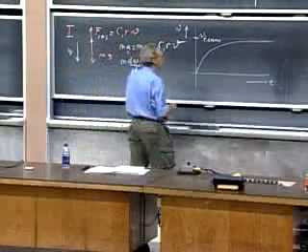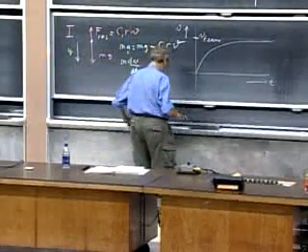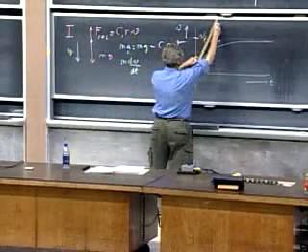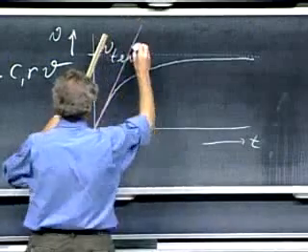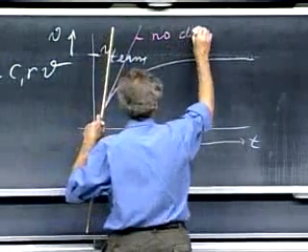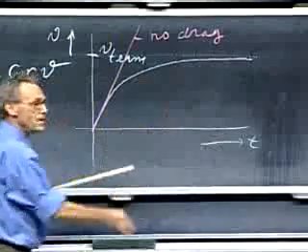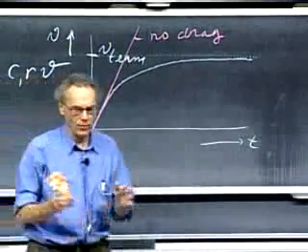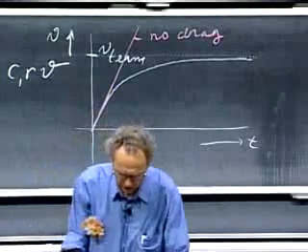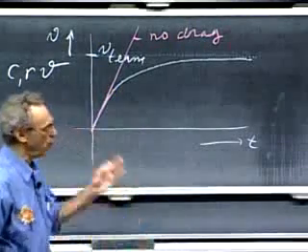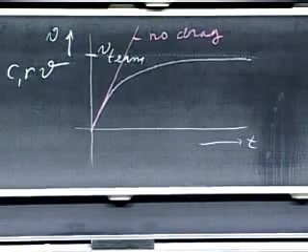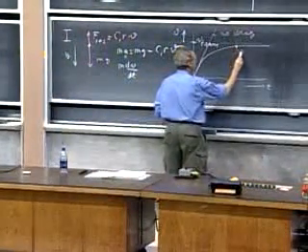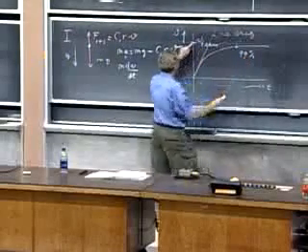If there were no drag force at all, I hope you realize that the velocity would increase linearly. So you would get something like this. So there's no drag. So the behavior is extremely different due to the drag. And I calculated already, something that is part of your assignment, how long it takes for the 1/4 inch ball bearing to reach a speed which is about 99% of the terminal speed.